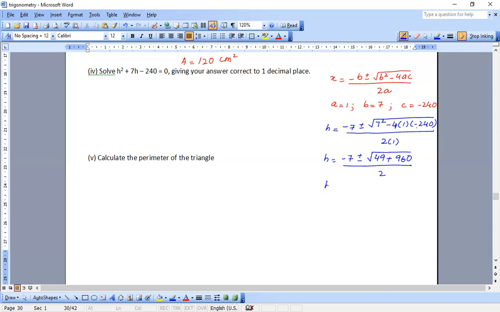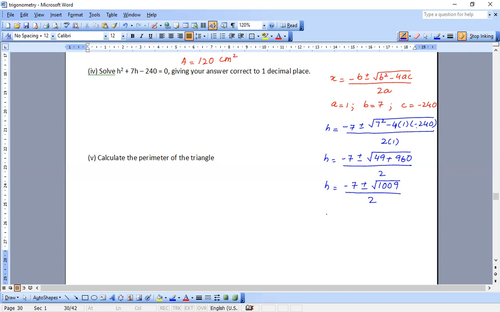So h equals minus 7 plus minus square root of 960 plus 49, which becomes 1009, divided by 2.